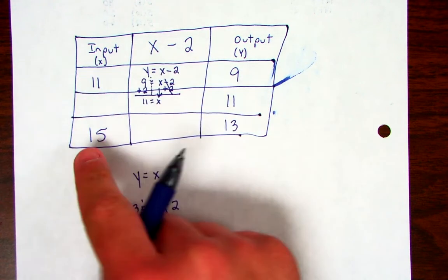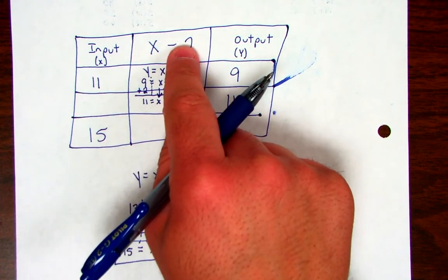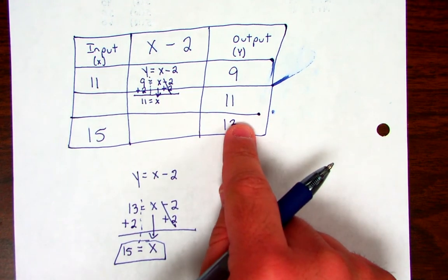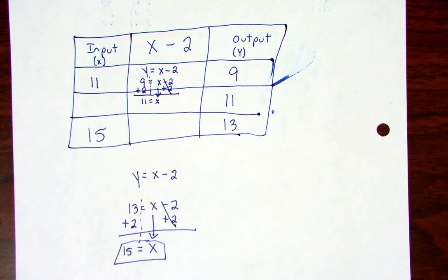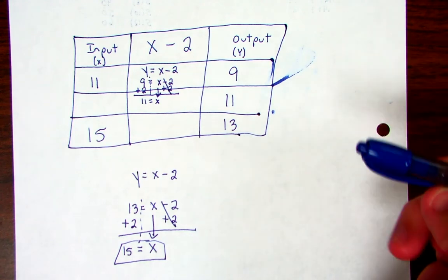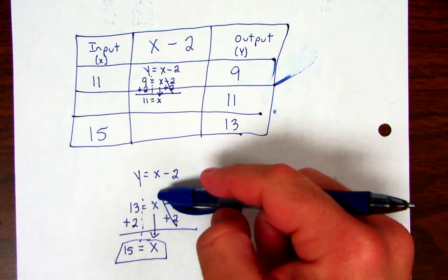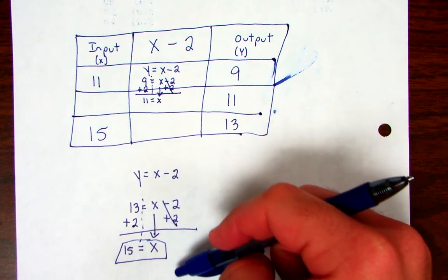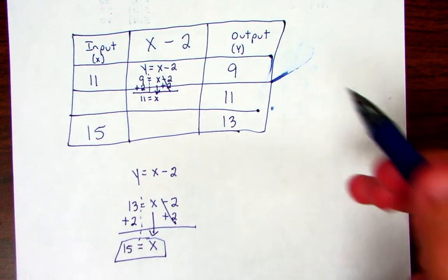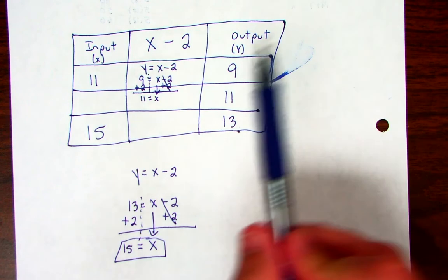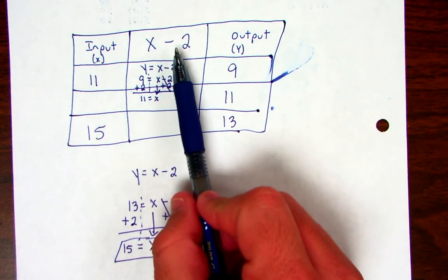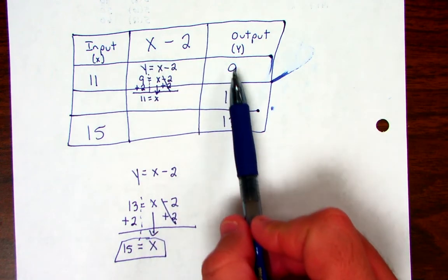So 15 minus 2 gives you 13, which was your output. Yay, it works. So I showed you two different ways of solving these. You can solve it using the one-step equation method, or you can just ask yourself the question, what number take away 2 gives me the output?